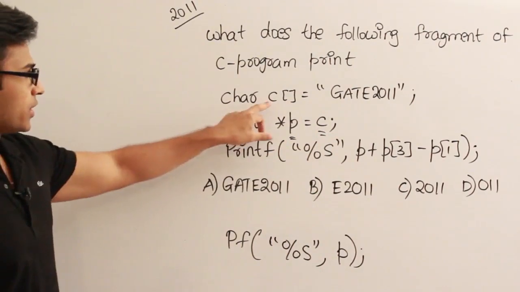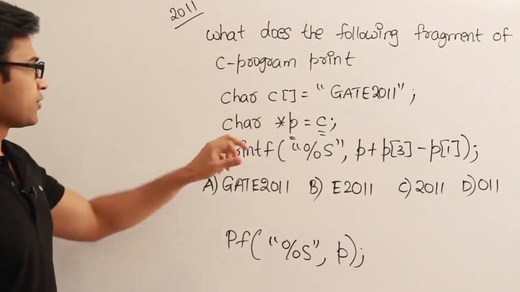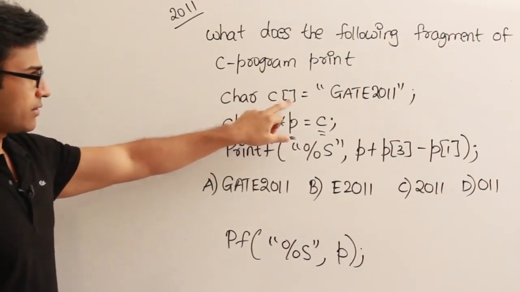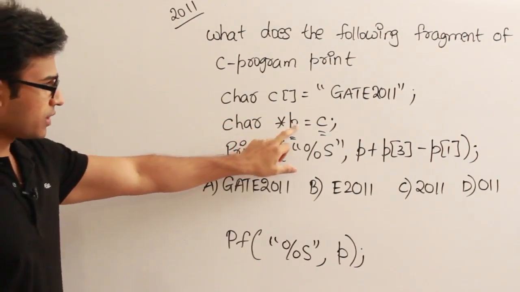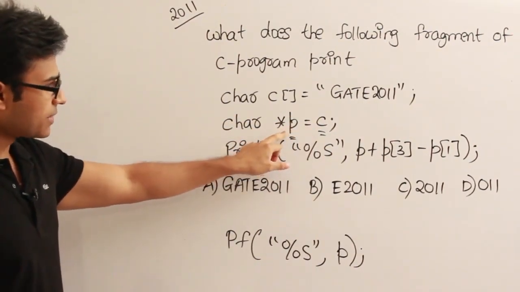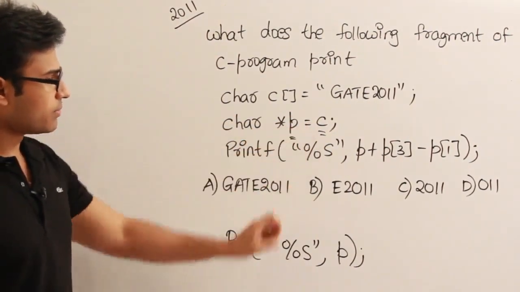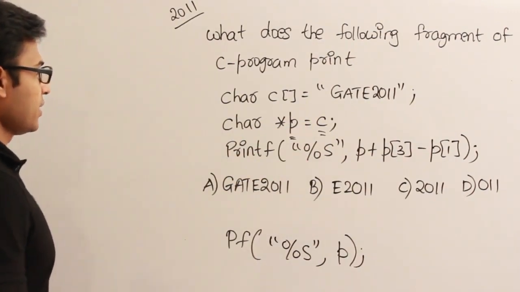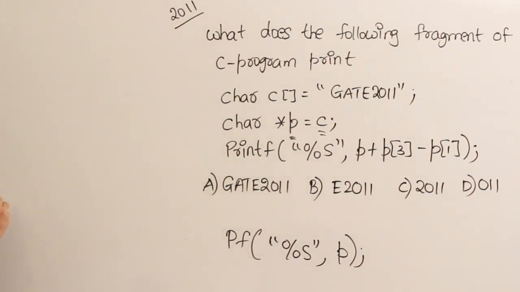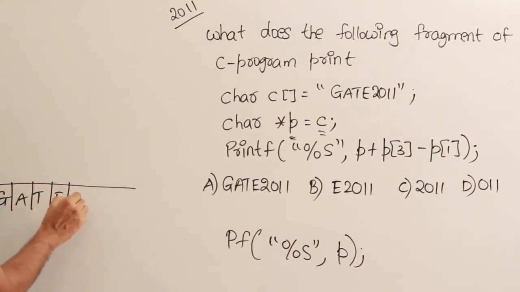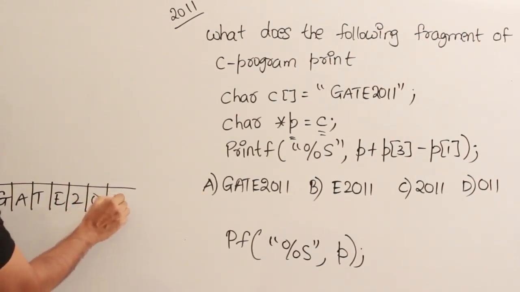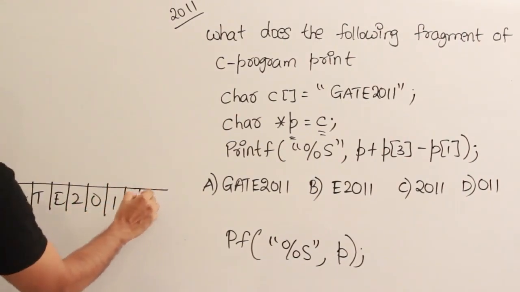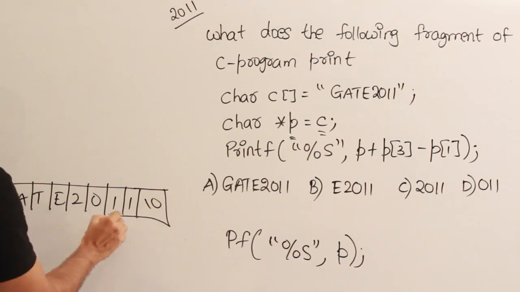In the earlier videos, I told you that if C is a character array and if I write *p = C, then p is made to point to the beginning of the character array. So the character array is GATE 2011, that is G A T E 2 0 1 1 and there is null.